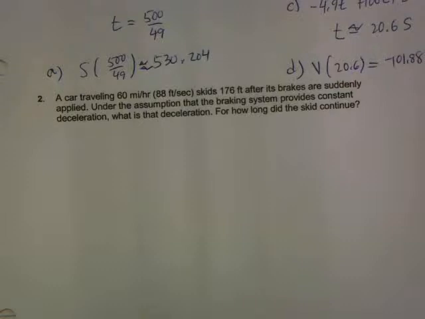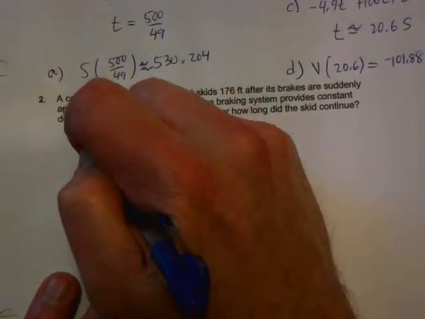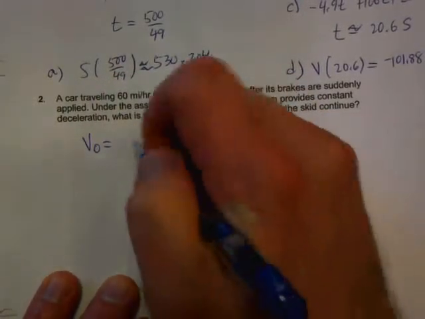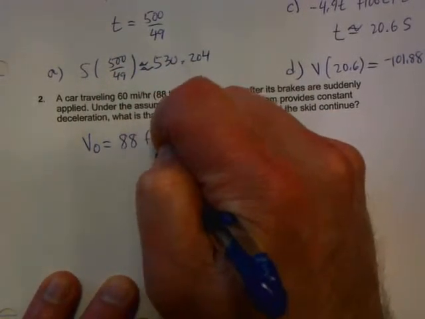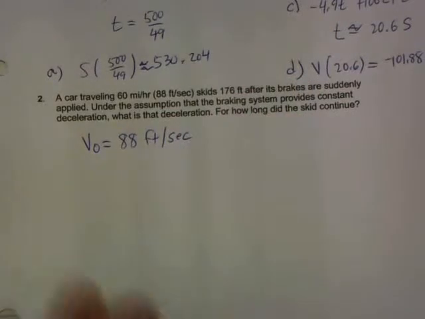All right, so what do we know? We know the initial velocity. We know V0 is 88 feet per second. What else do we know? Final position.